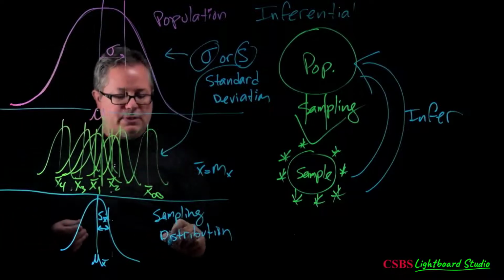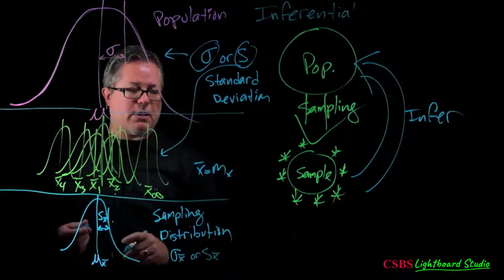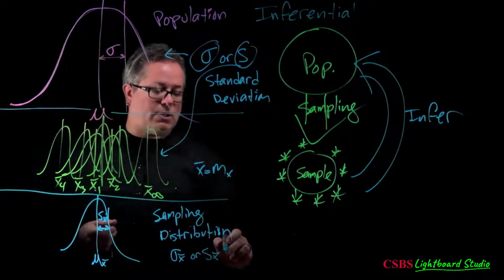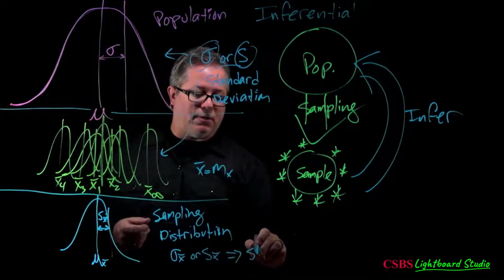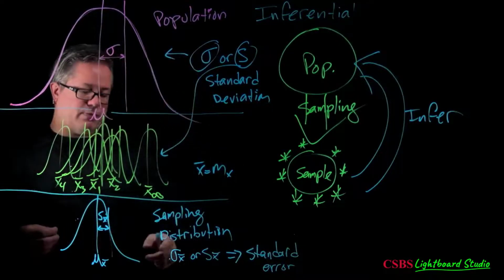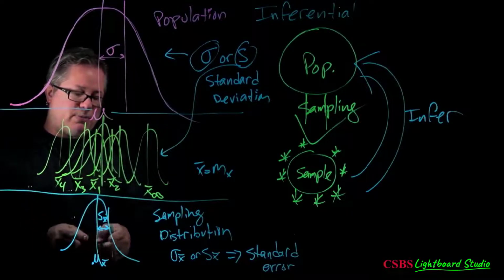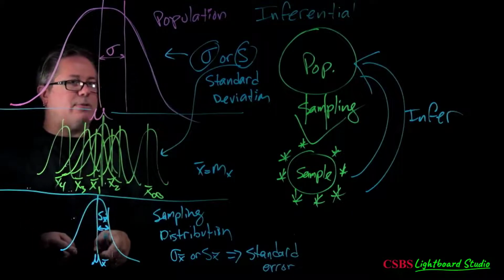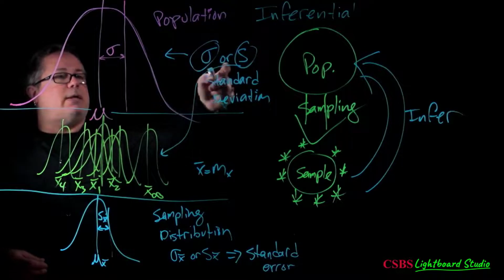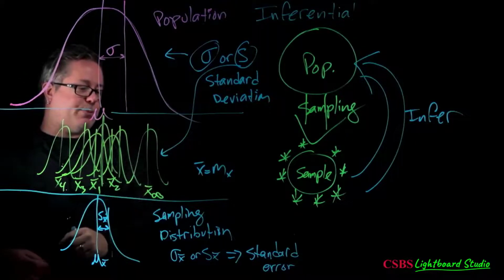Down here, whenever you see sigma sub x bar or S sub x bar, we're not talking about standard deviation anymore. We're talking about standard error. Standard error is the distribution of means across multiple samples. This tells me how far means distribute out, where sigma or S tells me how far scores distribute out. Sigma in the population, S in the sample.